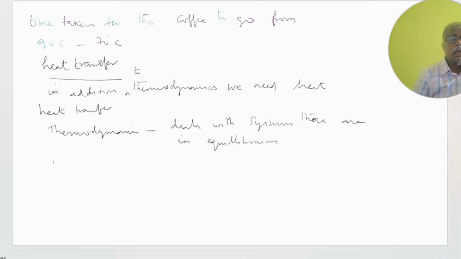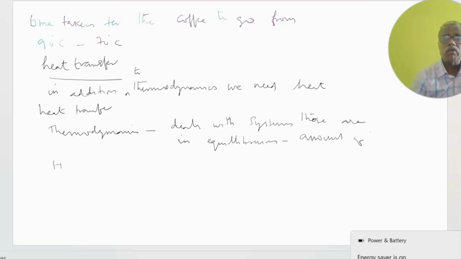But thermodynamics can give only the details of the amount of heat transfer.